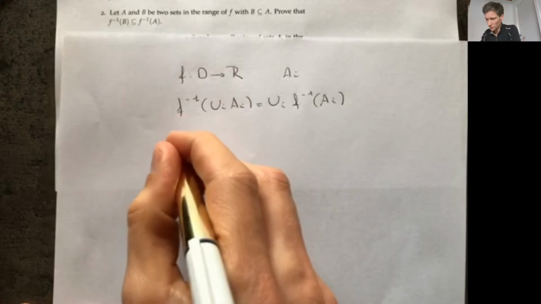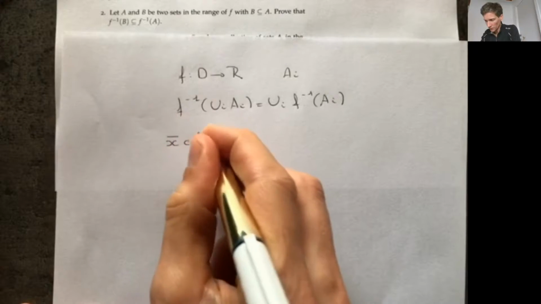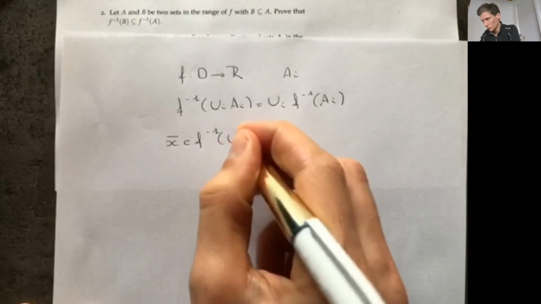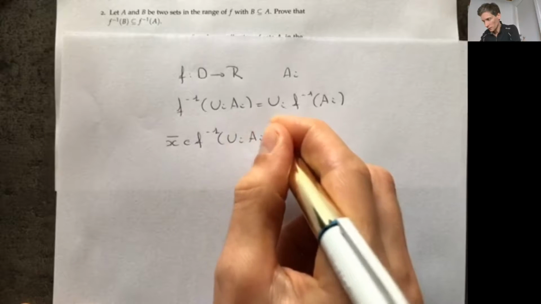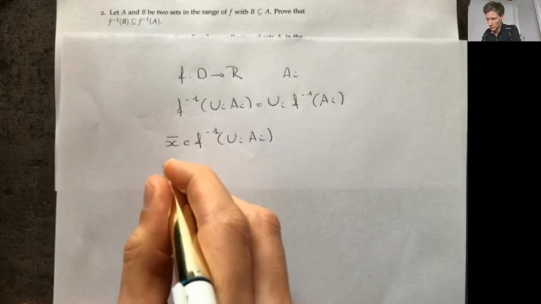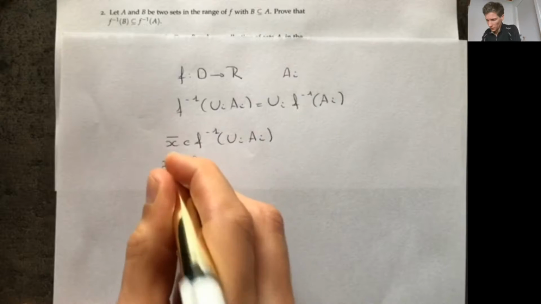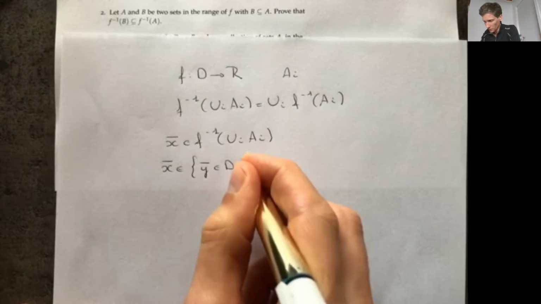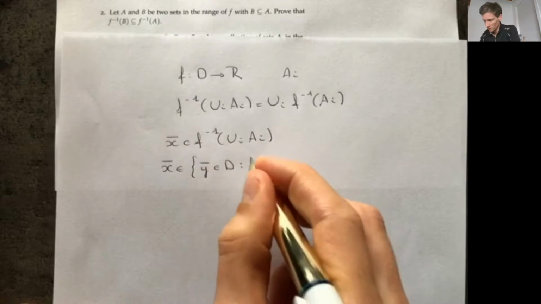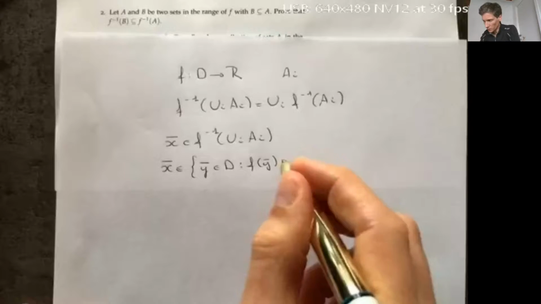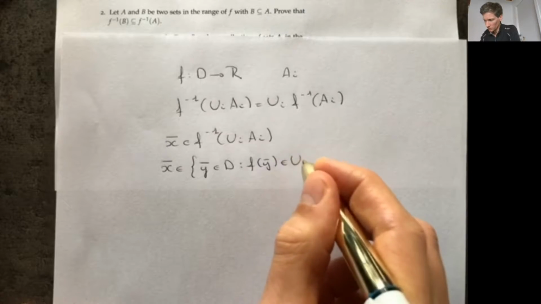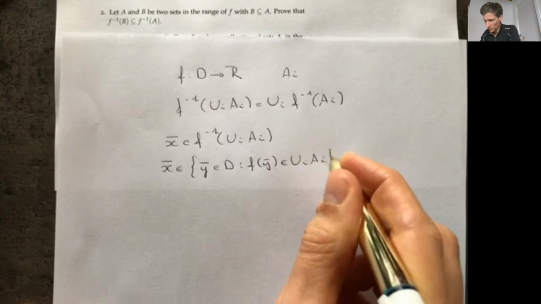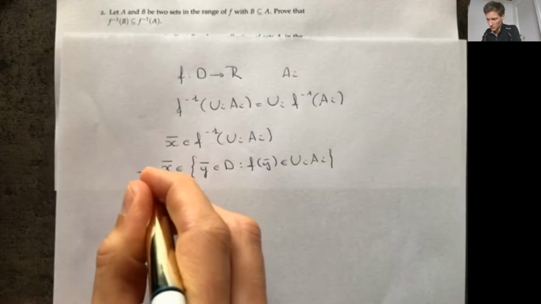So let's take an element x in f minus 1 of the union of A_i. Then x is in the set of all vectors, let's call the domain D, such that f of x is in the union over i of A_i.